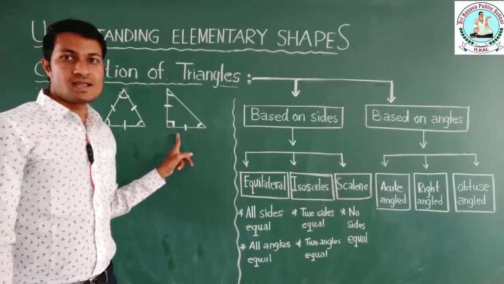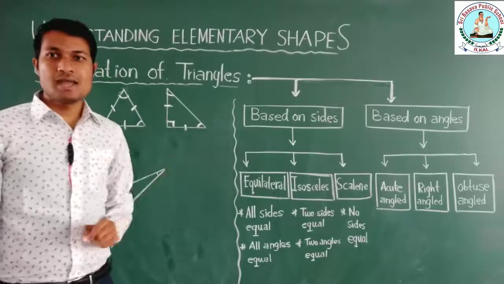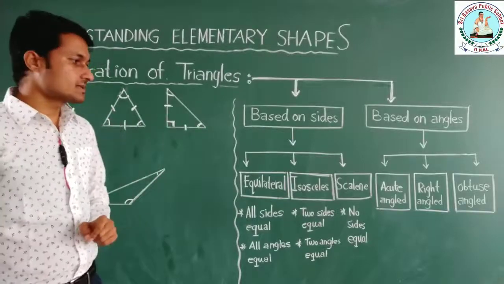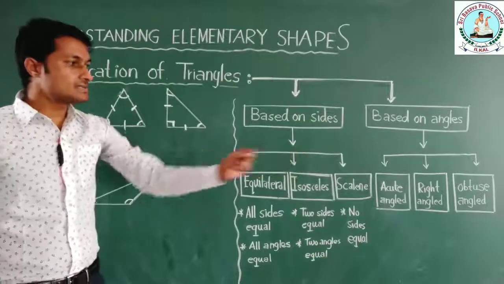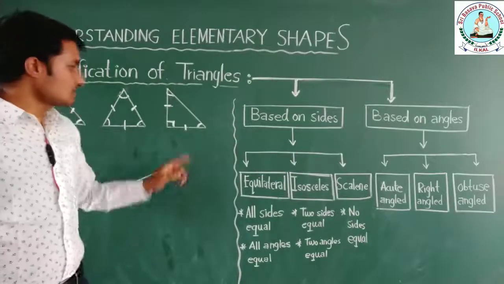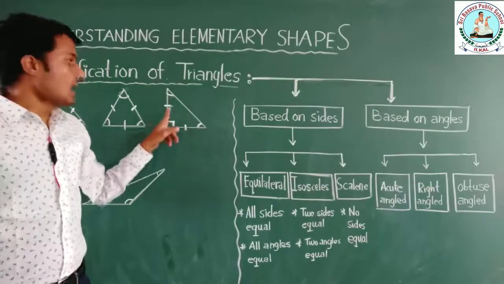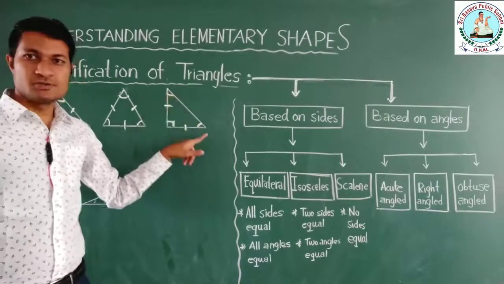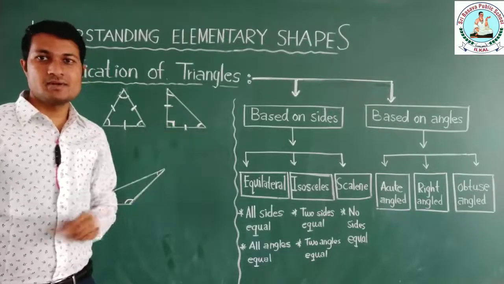Whereas this triangle is different from these two, because here one of the angles measures 90 degrees, so such a triangle is specially called a right angled triangle. Others may be acute, I agree, but another angle is exactly equal to 90 degrees.